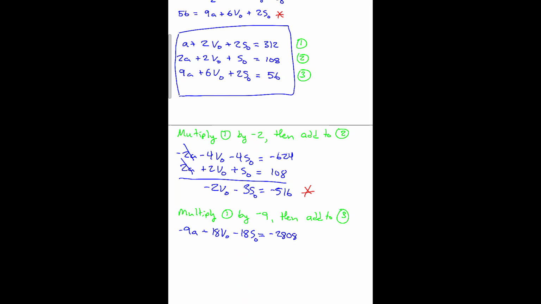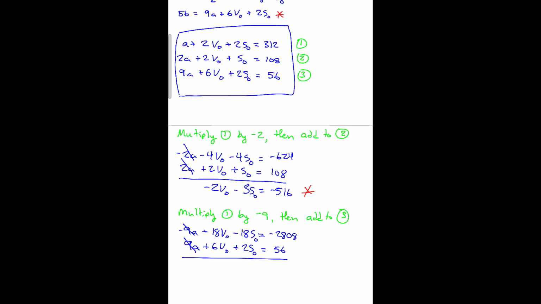Now I'm going to add that equation to equation 3. So I have 9a for equation 3 plus 6v naught plus 2s naught equals 56. And when I add these two equations together, lo and behold, the 9a's go away.